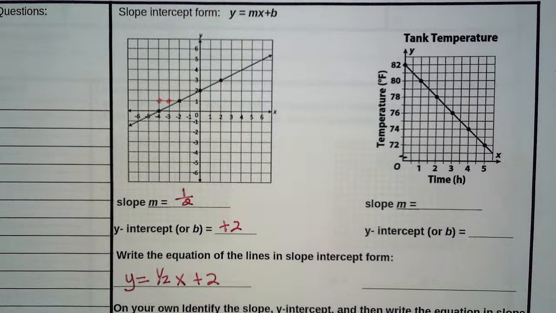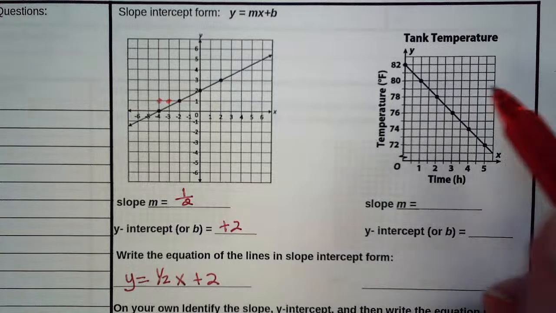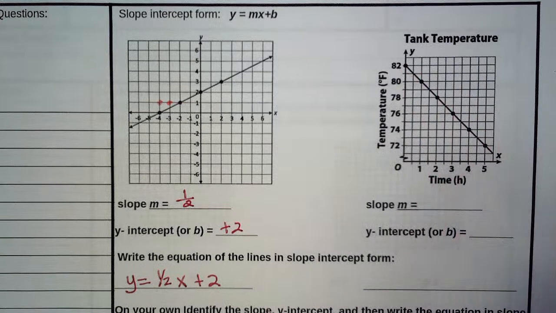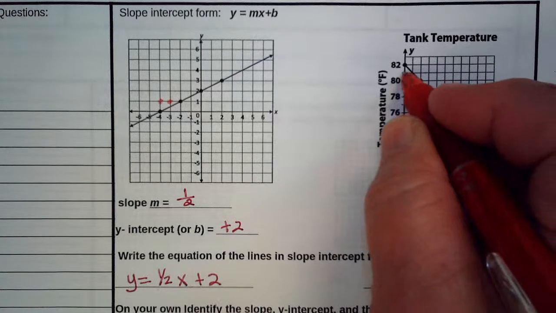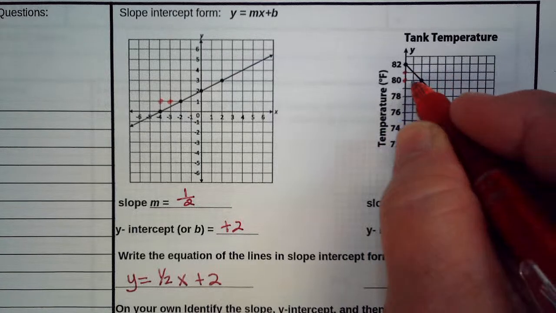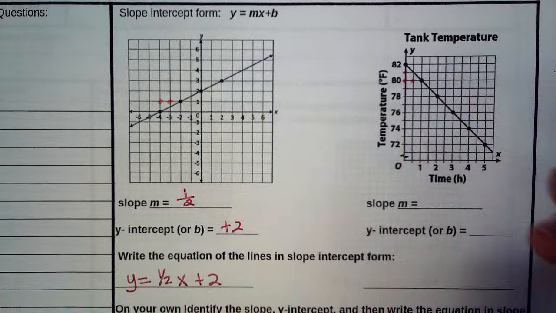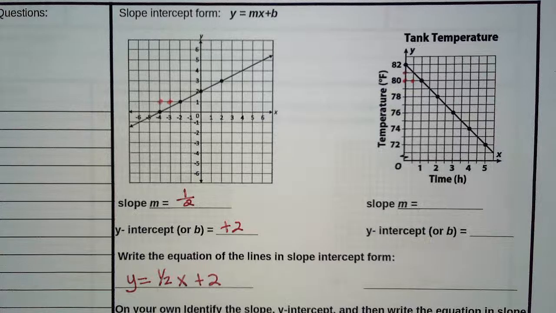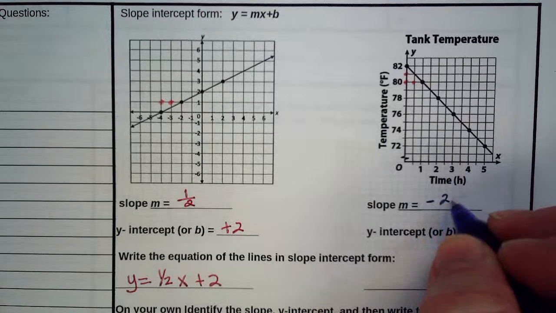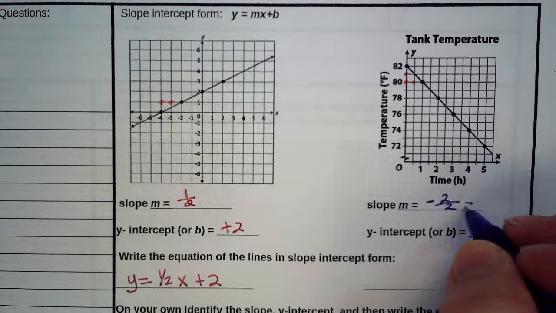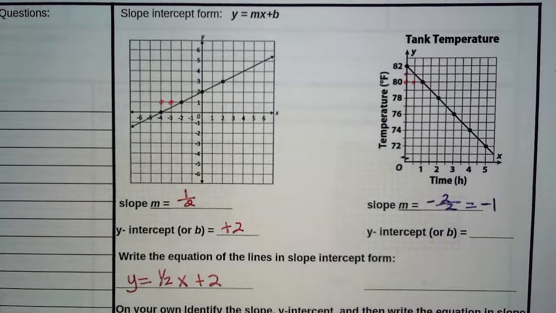Your tank temperature as it goes over your time. Is this a positive or negative slope? It is a negative. So when I go down 1, 2, I go over 1, 2. So my slope would be negative 2 over 2, which would simply be negative 1.